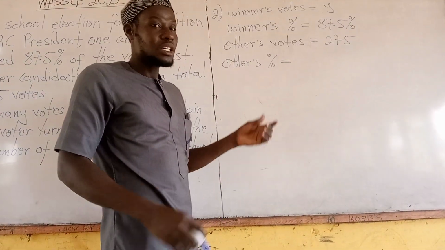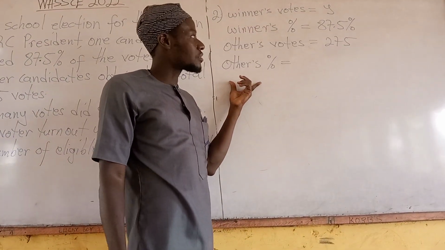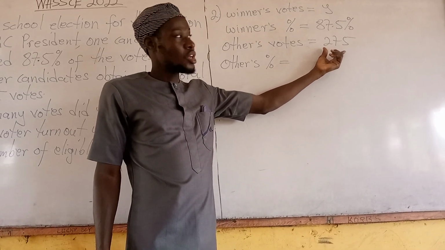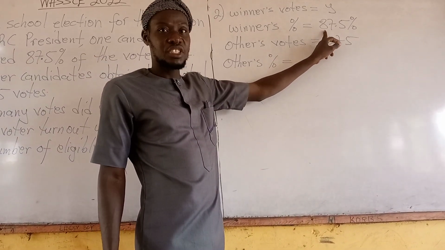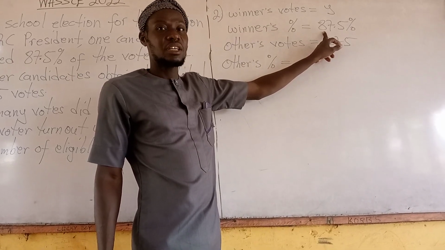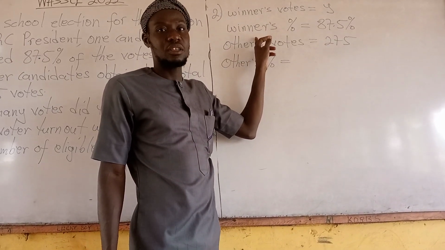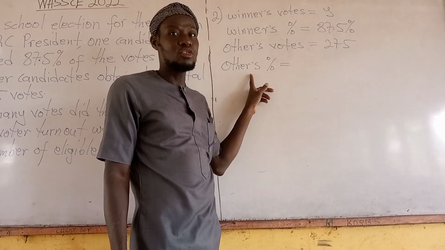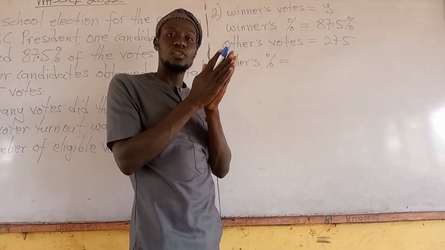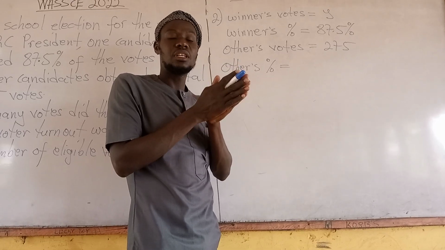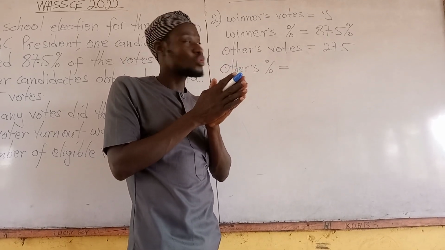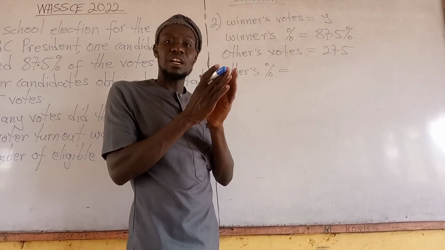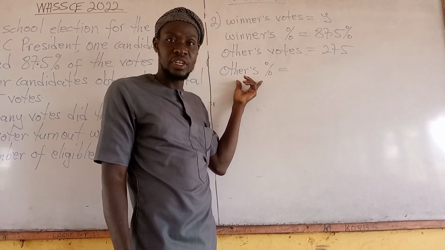So to find the percentage of the others, that is the percentage that 275 votes represent, we are told that 87.5% is what the winner obtained. You know that the total percent of the voters, those who voted, will be 100%. So if the winner obtained 87.5%, then the remaining percent will go to the others.